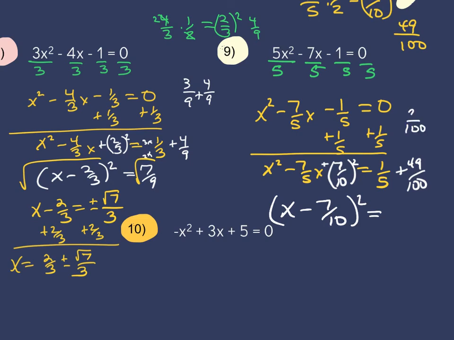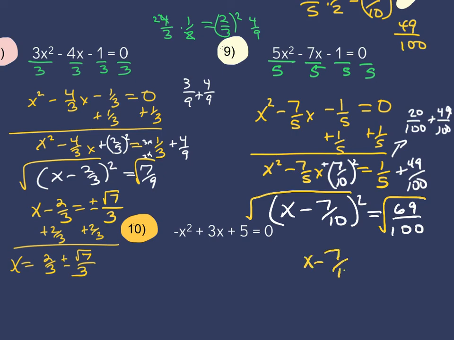So change this 1/5 to 20 over 100. So then I'm going to add 20 plus 49, and I get 69 over 100. Use the square root method. X minus 7/10 equals plus or minus.